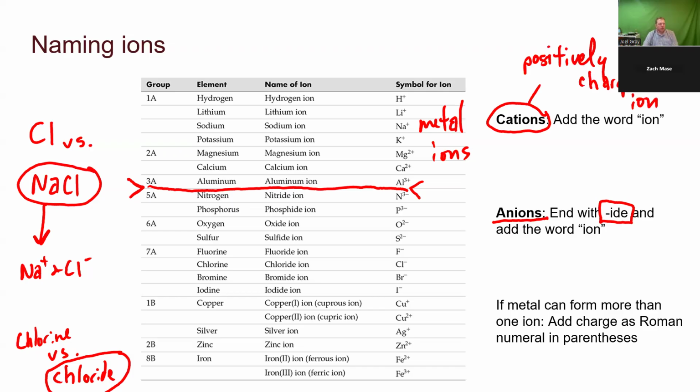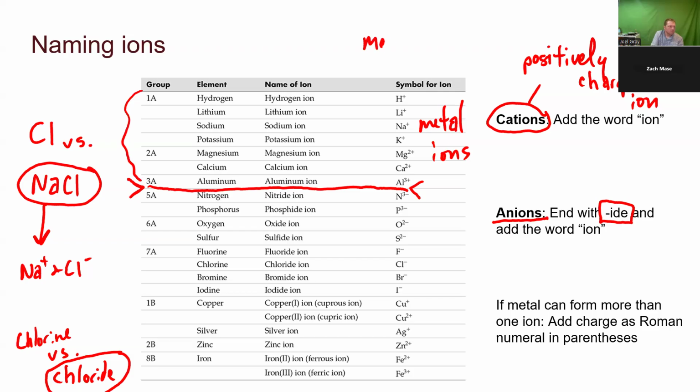Okay. So anytime you hear about a cation, think, well, it's a positively charged ion. Now, what you should notice also about this group of cations is that they are all metals. So I can't think of an instance where you're going to have a nonmetal that is a cation.